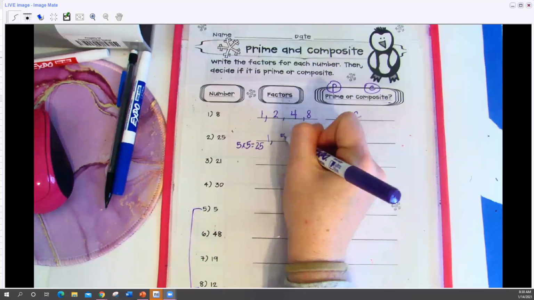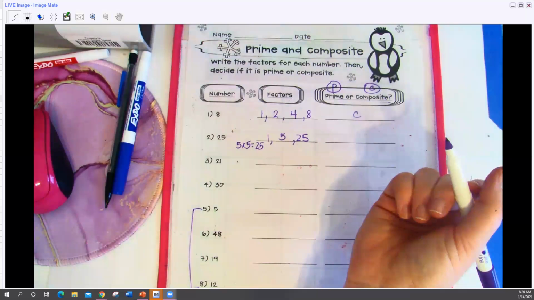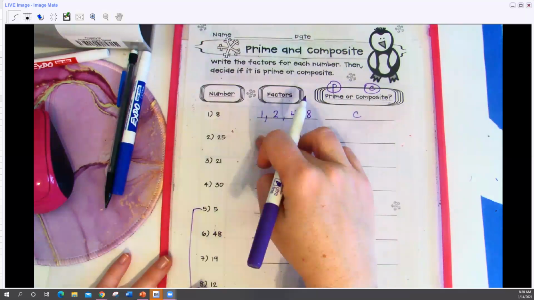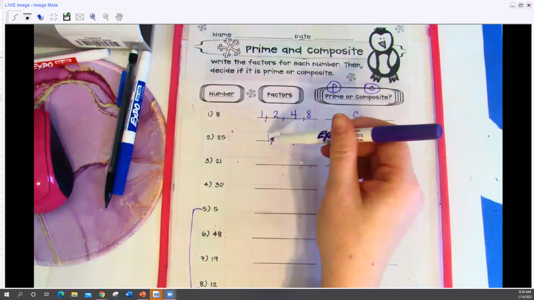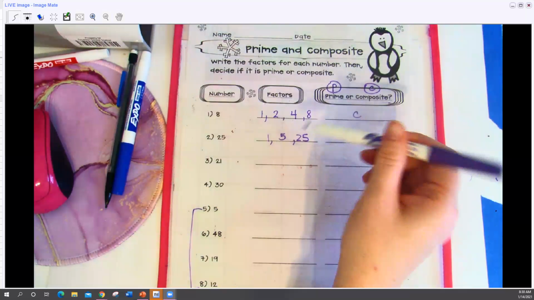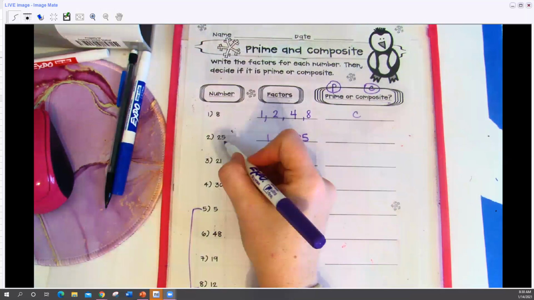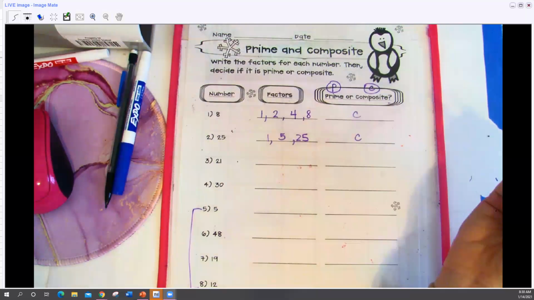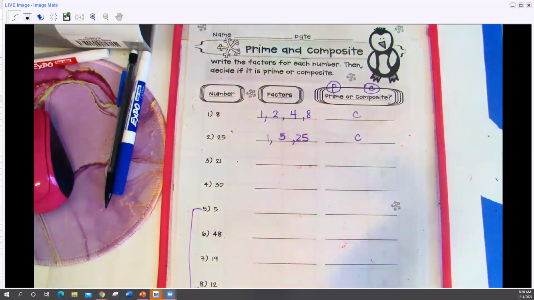I'm not going to write 5 twice. It's okay to only write it once. So I can see that there are more than 2 factors. There's 3 factors. So even though 25 is an odd number, it's a composite number. Not all odd numbers are prime. That's an important thing to remember.